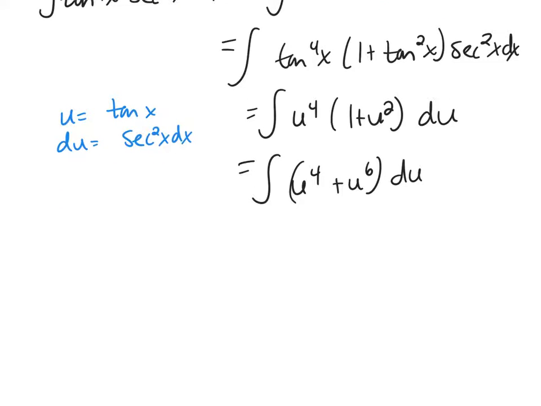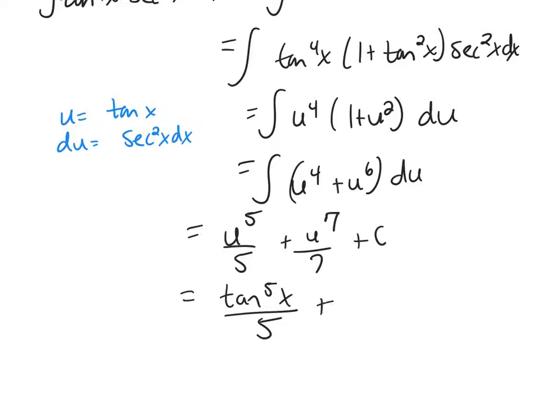And then you have a polynomial, do the reverse power rule. And don't forget the plus c, and then plug back in. So this would be tangent to the 5th over 5 plus tangent to the 7th over 7 plus c.